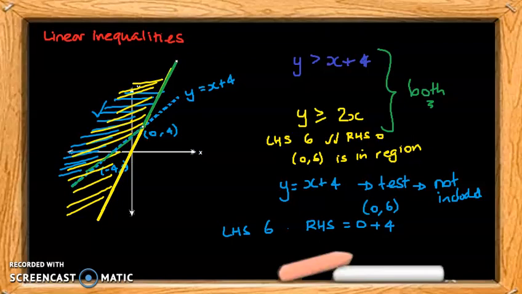And my area that I'm interested in is this green area, which is in here. The final thing I would want to do is find my point of intersection. And that point of intersection will be at 4 and 8.